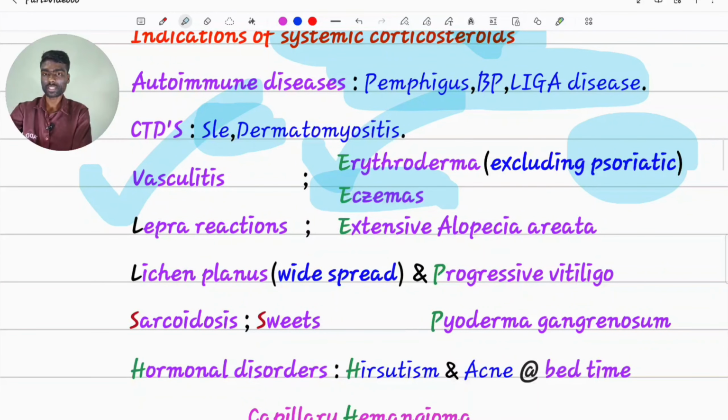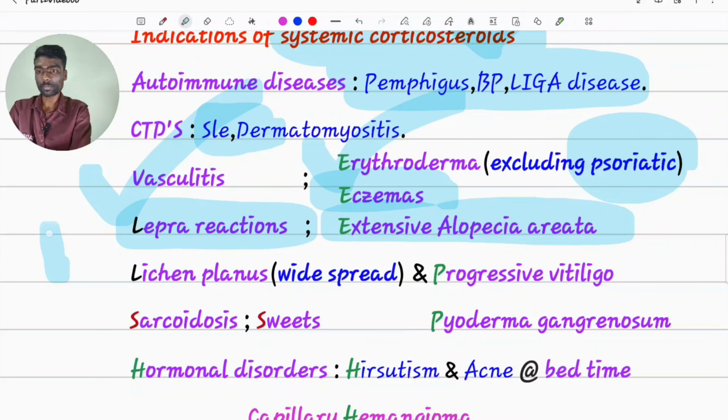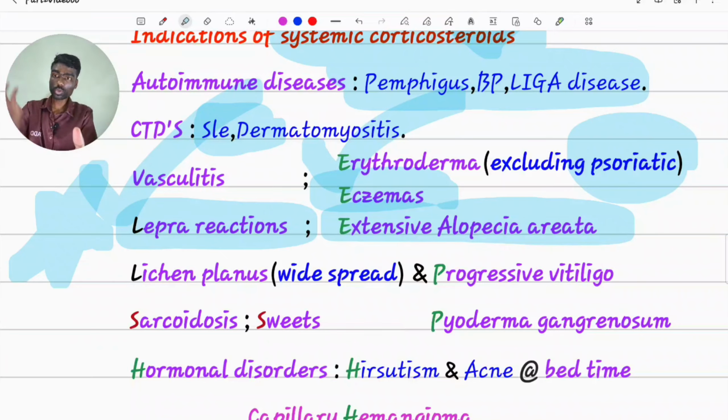Eczemas, severe eczemas, extensive alopecia areata, we will give oral steroids. Lepra reactions, these lepra reactions are very important. Reactions are nothing but our own immunity. On the way to destroy lepra bacilli, it will even more destroy our own nerves, so we have to control that immunity.